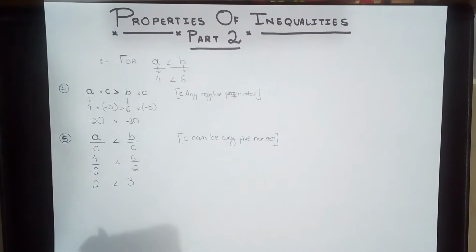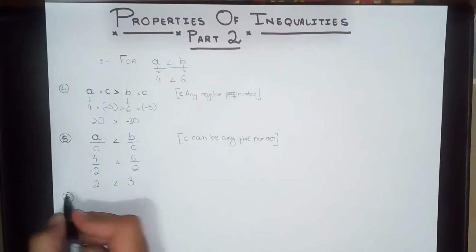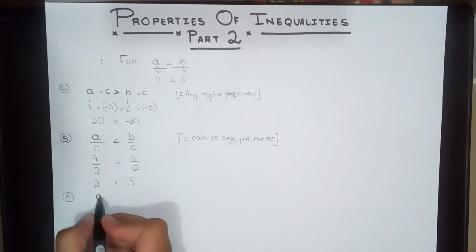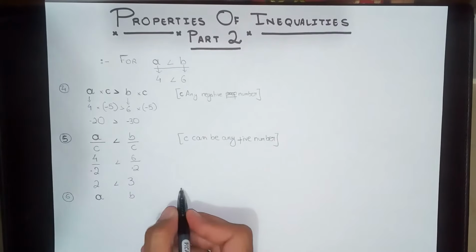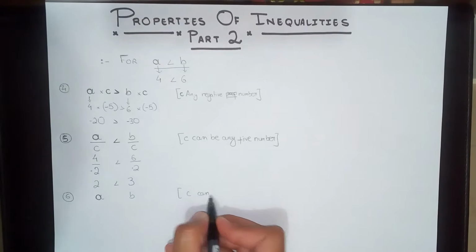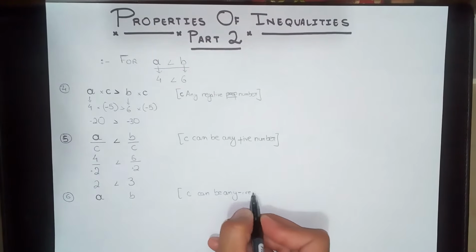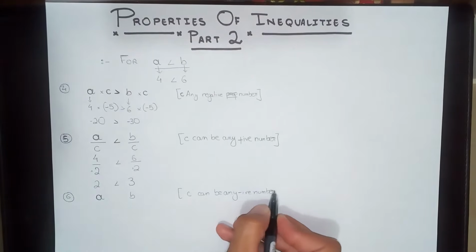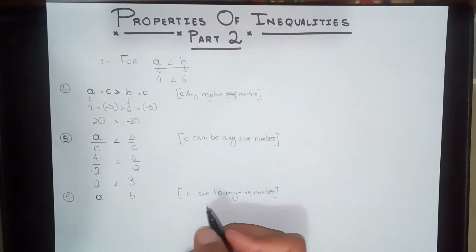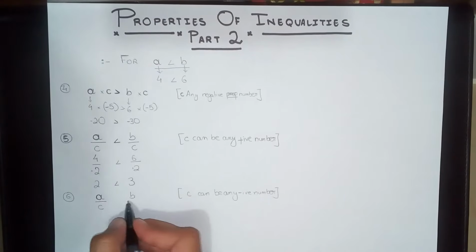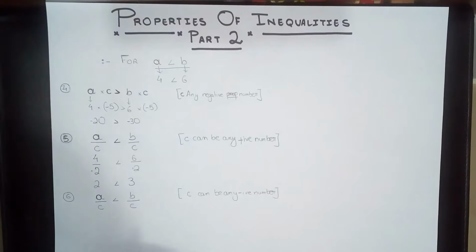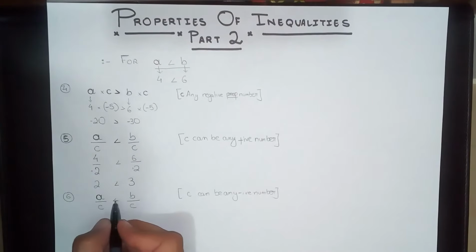Over to the sixth property, okay. This is going to be the same thing as before, but slightly different. C is right now going to be any negative number. Now what happens if the number dividing both of the numbers becomes negative? This turns into that.